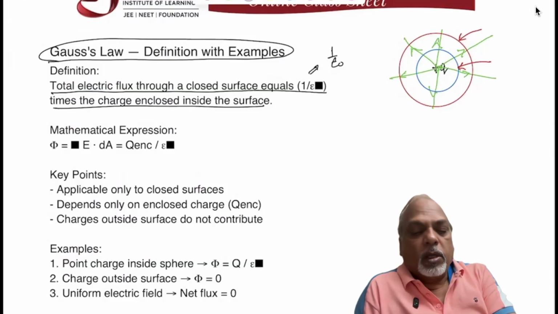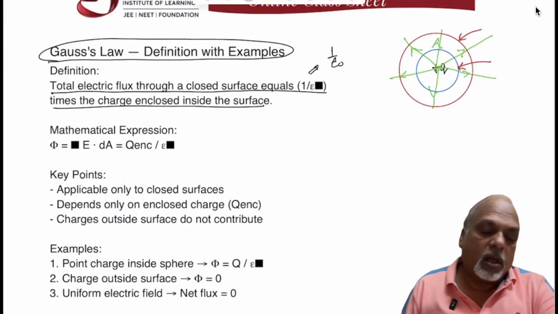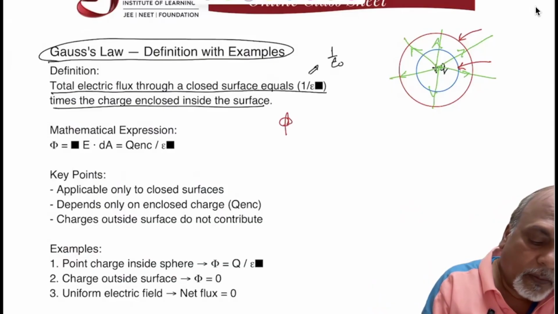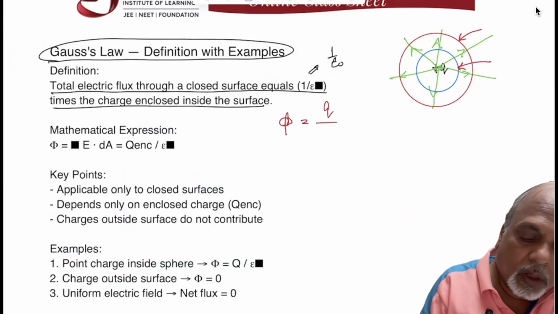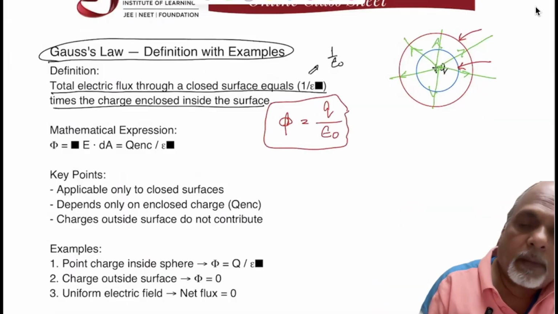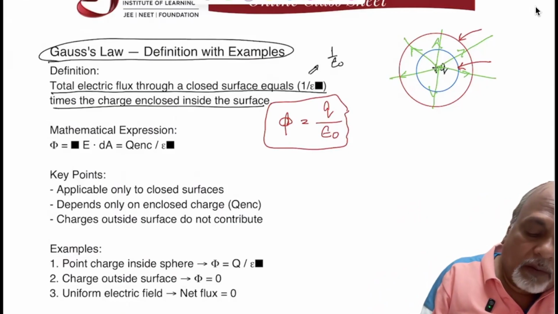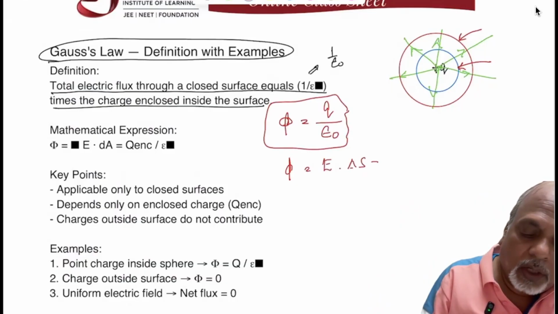Correct? So Gauss law states that total electric flux is equal to Q divided by epsilon. Earlier we have seen this formula as E into dS, and naturally this will become this.